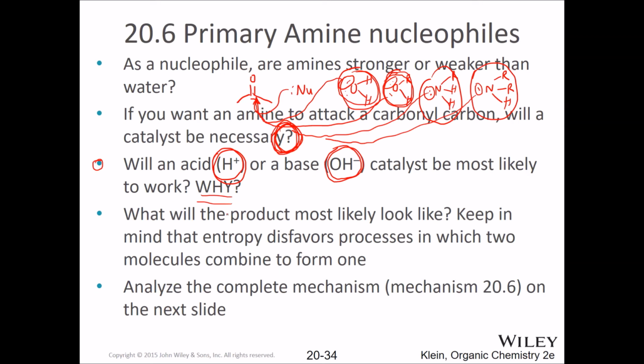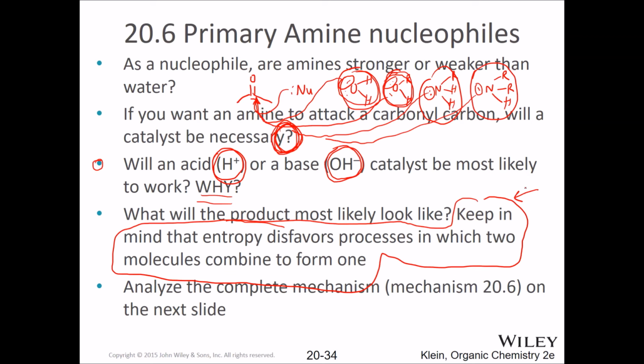That's what we're asking about. What's the product most likely going to look like? Now, keep in mind that entropy disfavors processes in which two molecules combine to form one. So there is something pulling against it, and that is entropy. Analyze the complete mechanism.